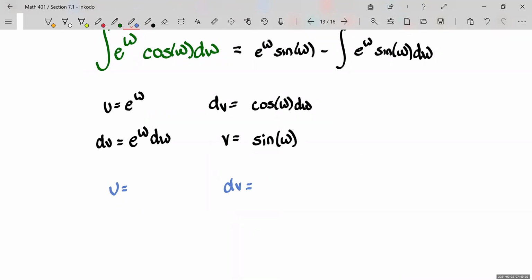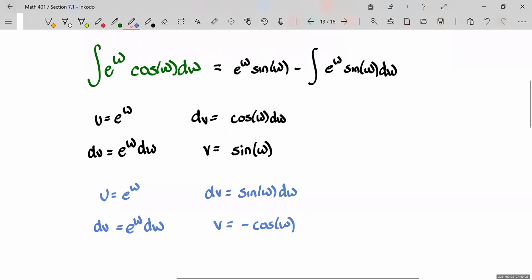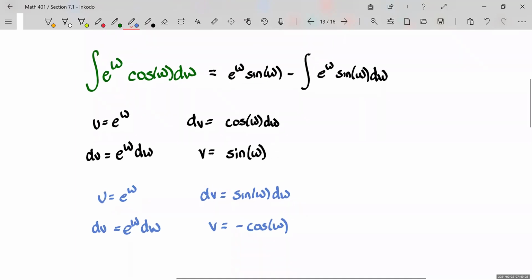All right. So let's see. I'm going to make the same choice for u. That's e to the w. And the same, therefore, my dv is going to be the sine of w dw. And here we go. Du obviously is e to the w dw. And v is going to be the negative cosine of w. Okay. That's the antiderivative of the sine. All right.